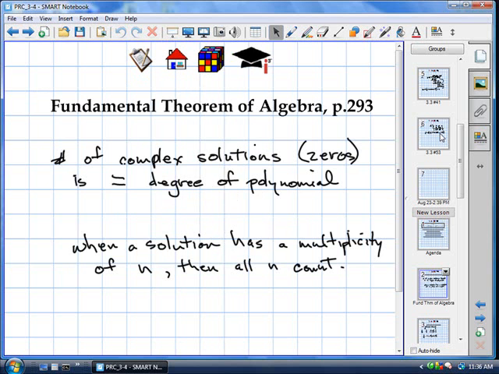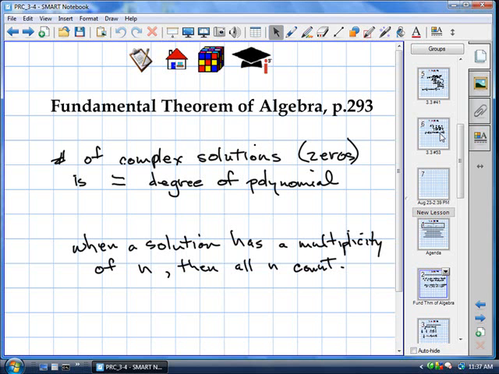It says a lot of things, but the real bottom line is, whatever degree the polynomial is, that's how many complex solutions there are. So in other words, if there's a second degree polynomial, there are guaranteed to be 2 complex solutions.